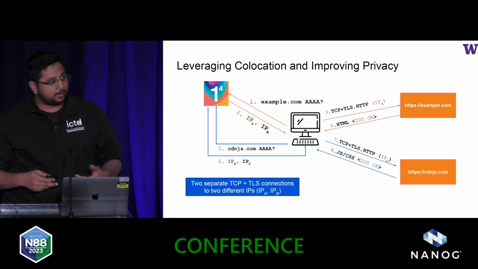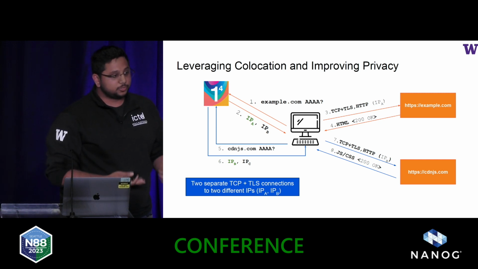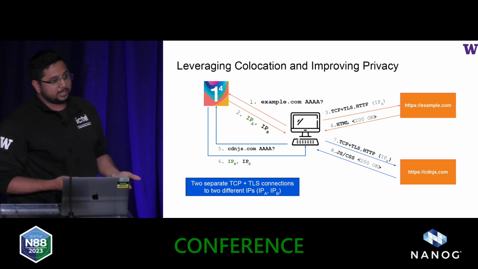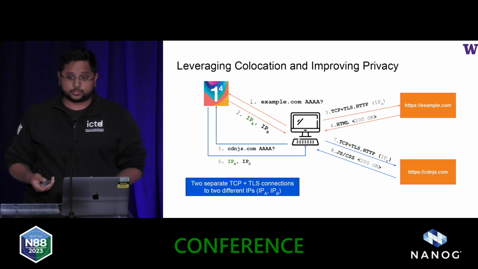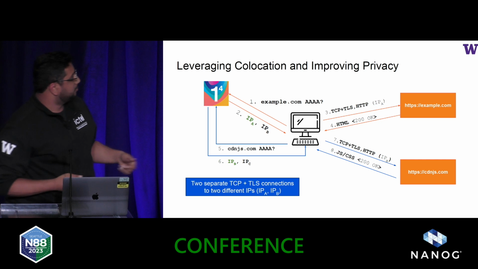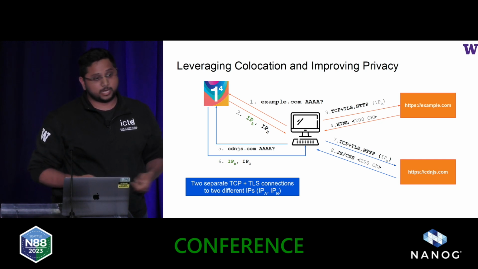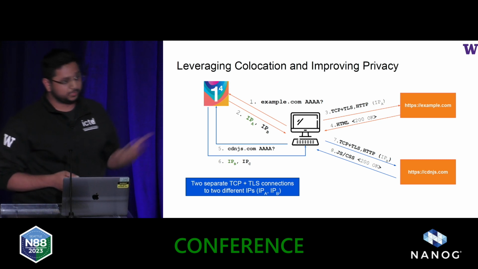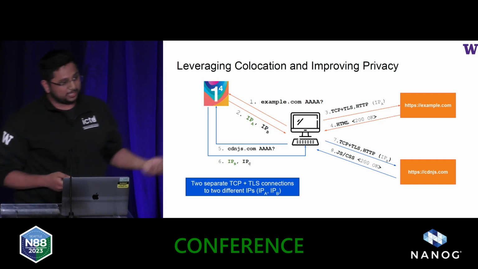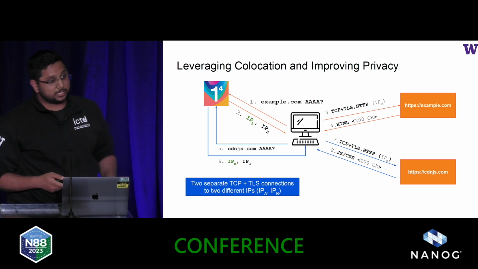As a browser, I go to example.com, I receive a set of IP addresses, I choose one of the IP addresses, make a TCP and a TLS handshake, and then identify that I need a sub-resource, CDN.js, which may be hosted by the same service provider, but the returned IP addresses for the subquery for CDN.js might be a different set because of DNS load balancing. In this case, we can't reuse the existing TCP connection or the underlying TLS connection in any way, and we're forced to create a new TCP and TLS handshake.